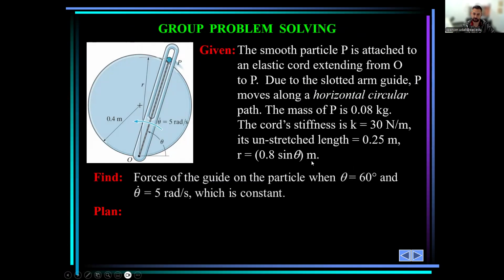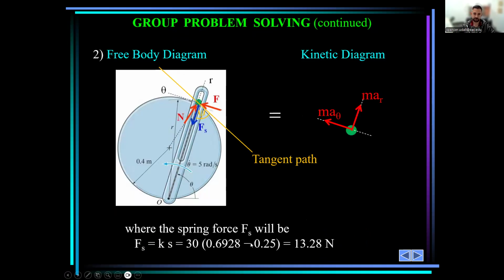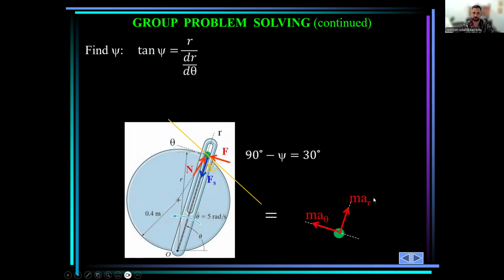They give us an equation for R. Otherwise, maybe we'd do some trig and figure it out. But R, plug in theta equals 60. We already did that on the previous slide. We got 0.6928 meters for R. So that's our final stretch at this instant. That was our initial length. So that's our change in length times 30 newtons per meter. We get 13.28 newtons for our spring force.